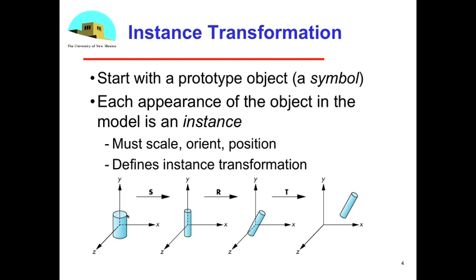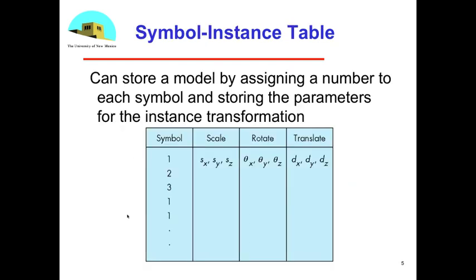So you can think of a model in terms of a big table. If we were to number our symbols, we could say 1 was a cube and 2 was a sphere. We could have a table that listed all of the symbols in our model by their IDs, and for each one an associated instance transformation that would bring it into the model.